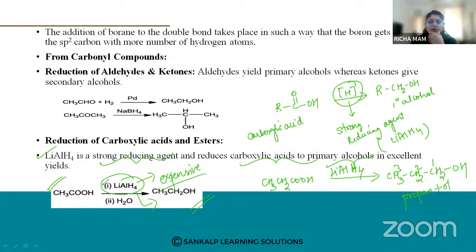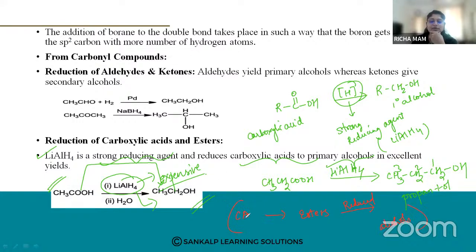It will not convert your acid directly to alcohol. The carboxylic acid is first converted to an ester, and then the ester is reduced to your alcohol. So this is the process.